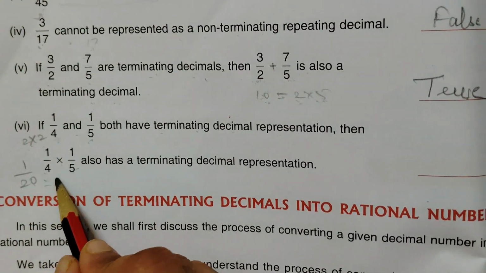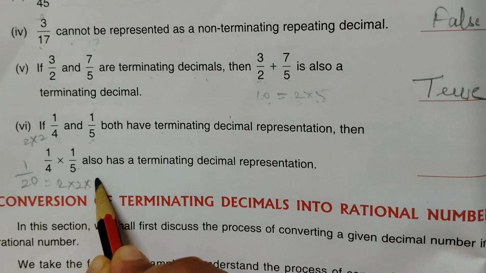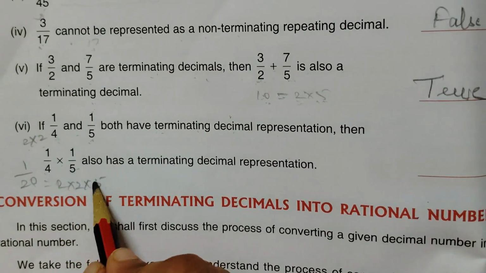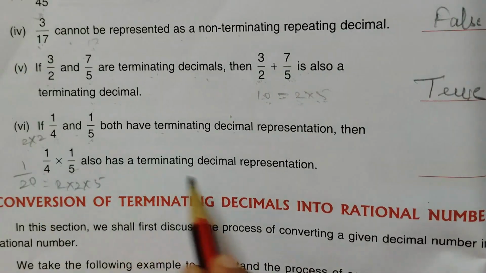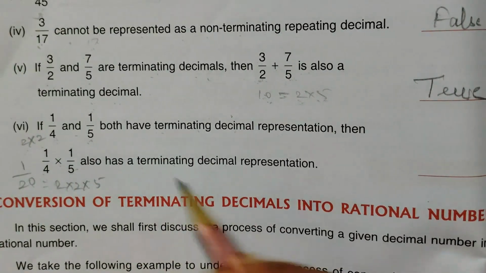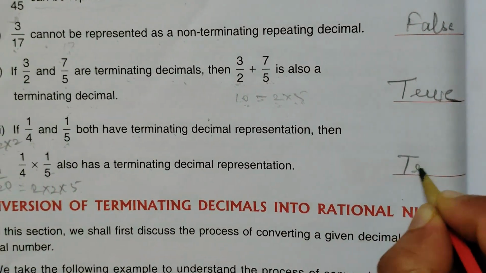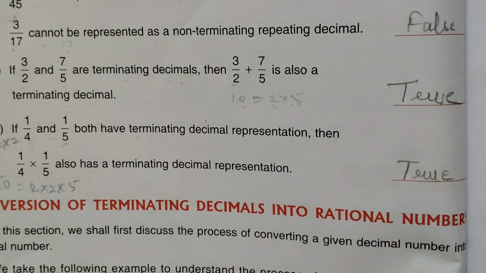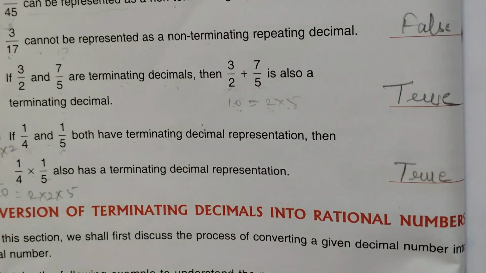The factors of 20 are 2 into 2 into 5. So we have 2 and 5, which is a terminating decimal representation. So the answer is true. In this way we have completed worksheet 2 of chapter 3.